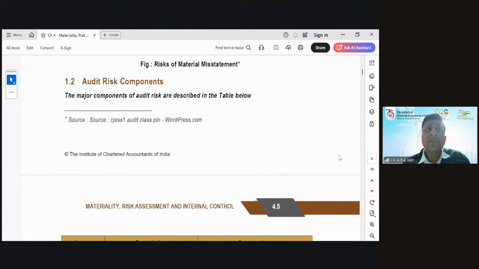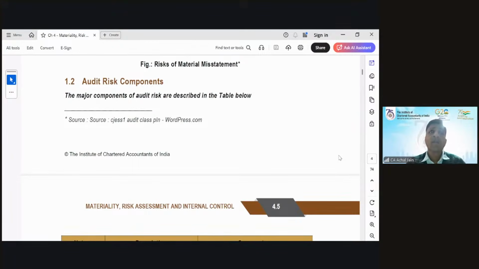Now, in respect of all the transactions which the company has had during the year, what is the risk from the company's perspective? That the transaction may not have occurred the way it's required as per the policies and procedures of the company. Correct. So that's a risk from the audit perspective. And that's a risk in relation to the transaction which the management would have carried out.